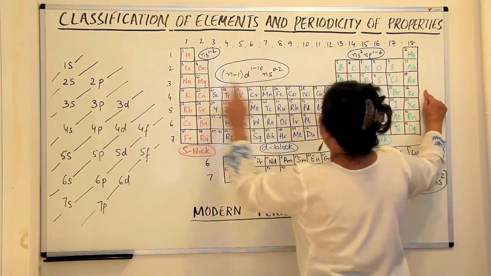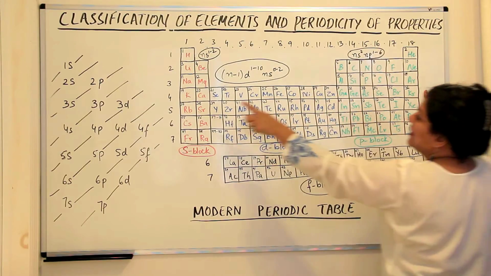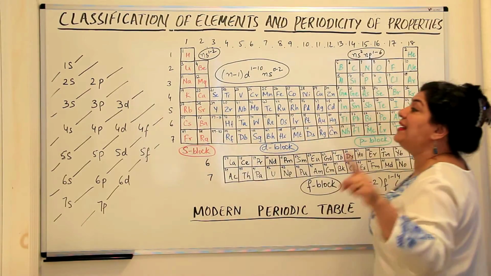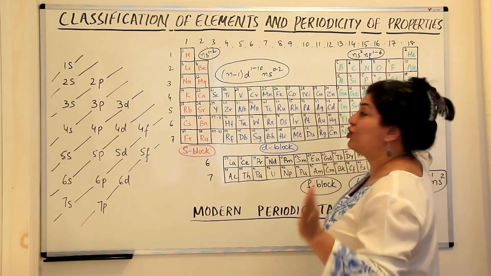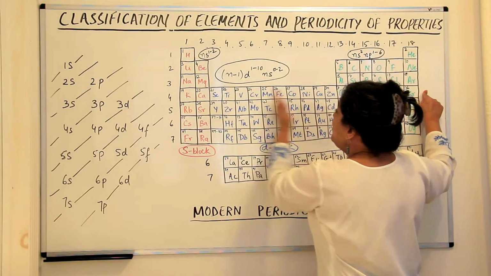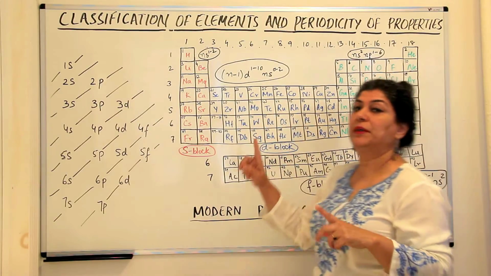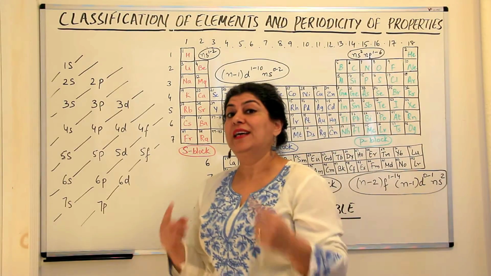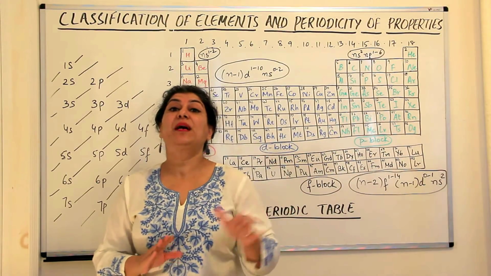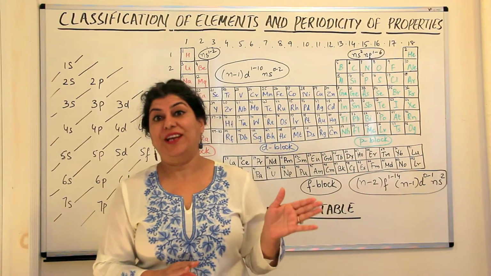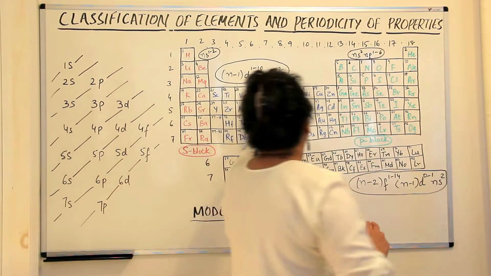So we have 2 plus 6, that is 8 electrons in the 4th shell when it is behaving as the outermost shell. Although we have 10 elements here, the electrons are not being filled up in the ultimate shell. In these, the electrons that are being filled up are actually in the penultimate shell. So do you observe this?